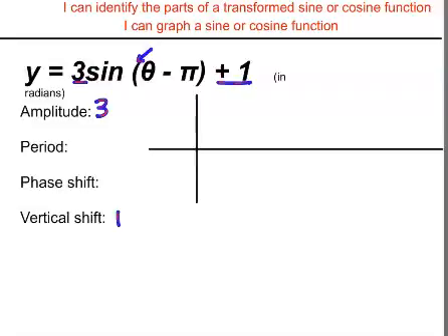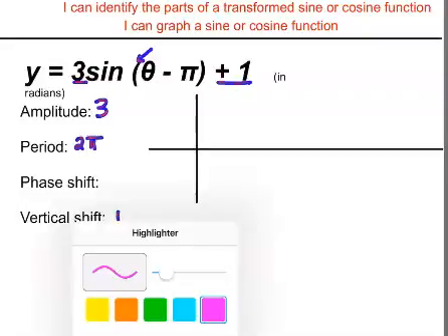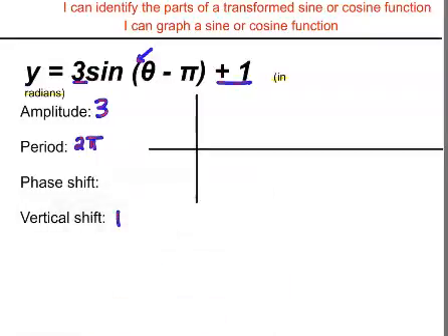Our typical period for sine is 360 or 2 pi. So we'll just say 2 pi because we're going to do this in radians. Even if they didn't tell us that, I would know to do it in radians because they were using pi.